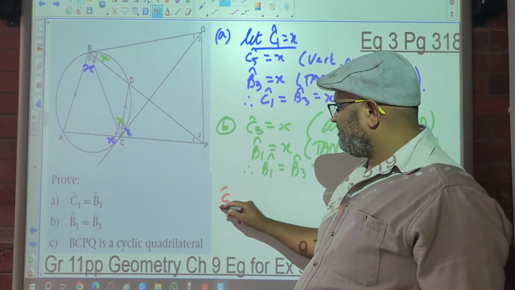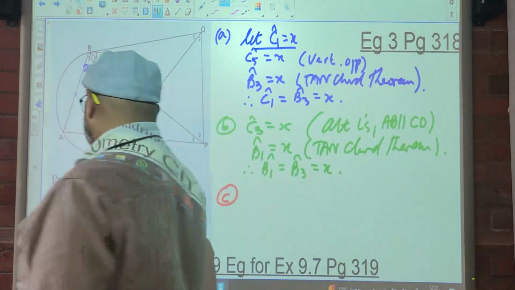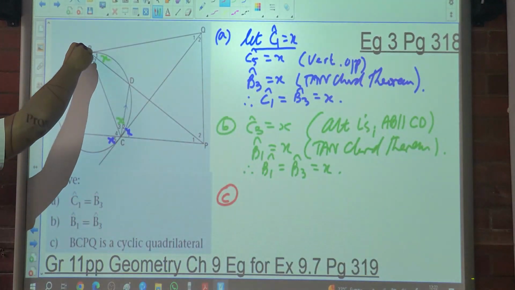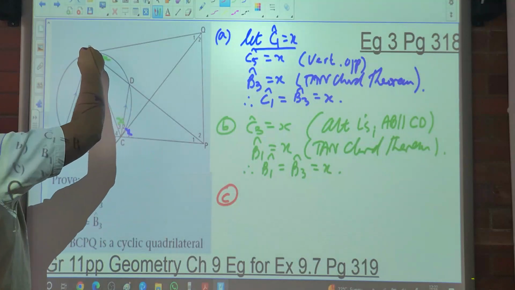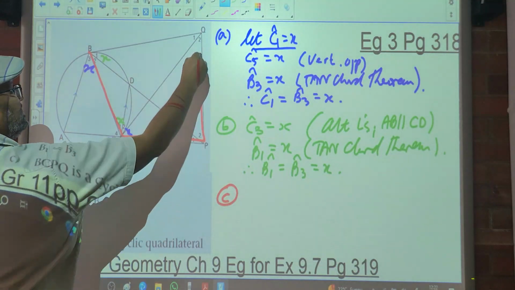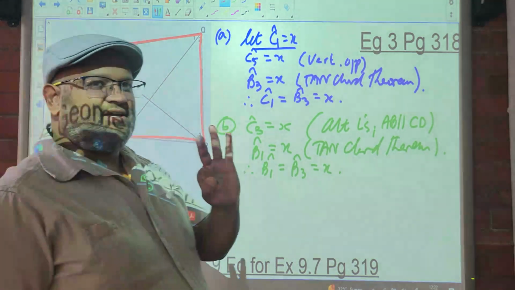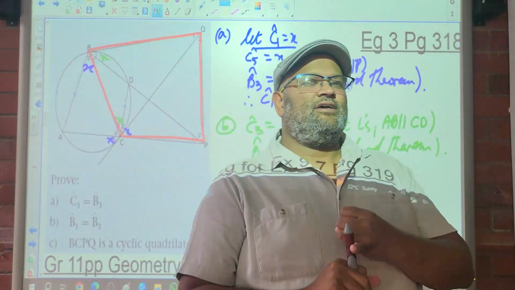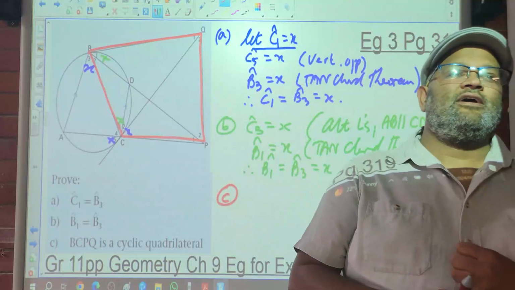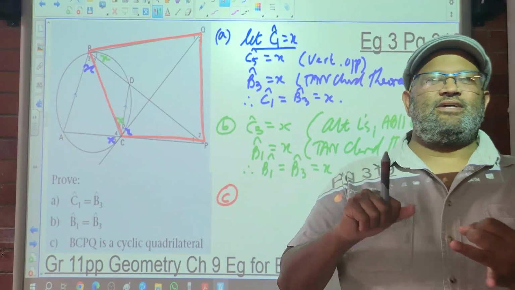Let's look at C. C says prove that B, C, P, Q is a cyclic quad. There are three ways to prove cyclic quads. What are the three cases? Opposite angles of a cyclic quad are supplementary.